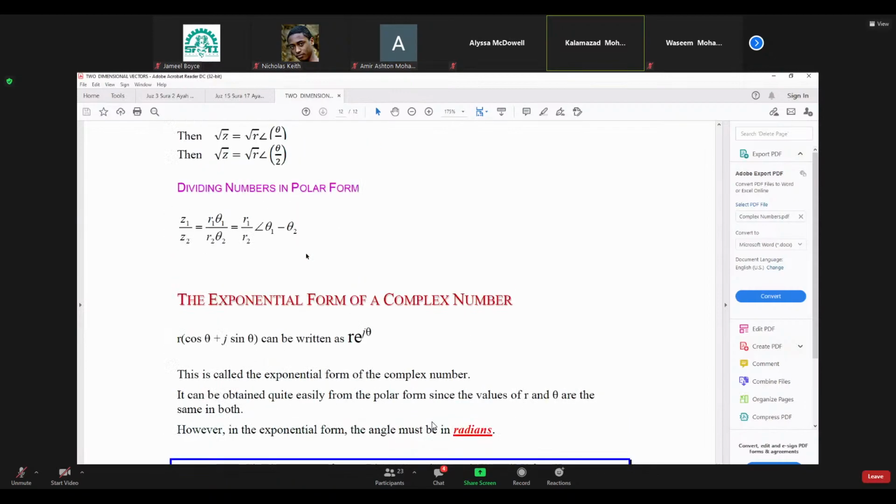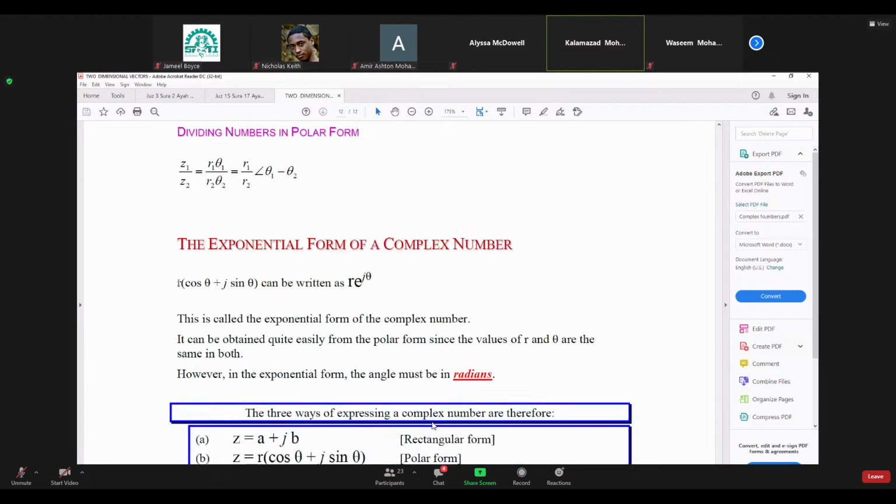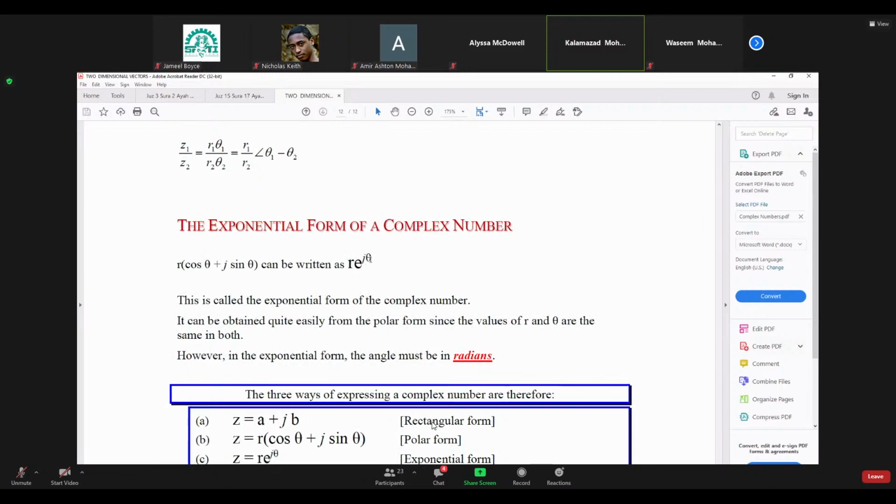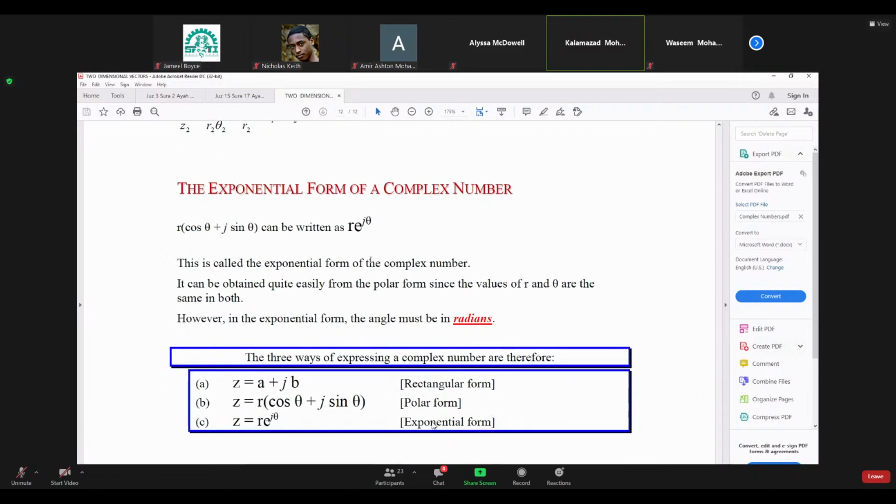All right, and the last thing is that there is a third way of writing a complex number, and that's in exponential form. So r cos theta plus j sine theta, we write it as this. The same r here is the same r over here, except that theta this time, whatever theta we have inside here, we'll convert it to radians and write our answer as r e to the j theta, where theta is in radians.